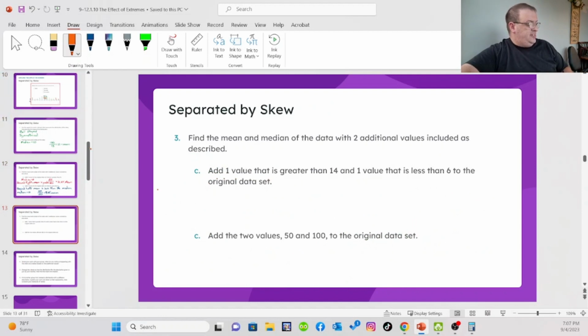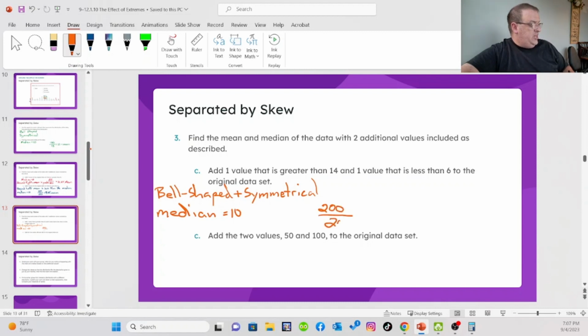So I would say I still have bell-shaped and it's symmetrical. And my median is still 10. And then we would take our original 180, we would add 5 and 15, and this becomes 200.